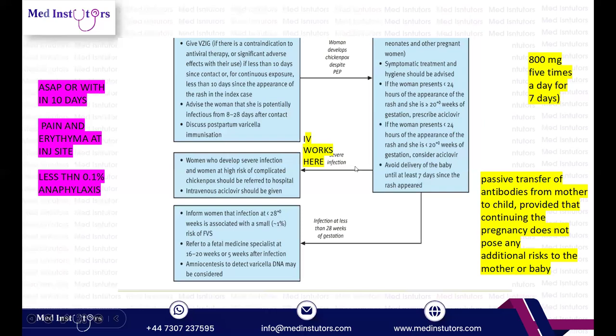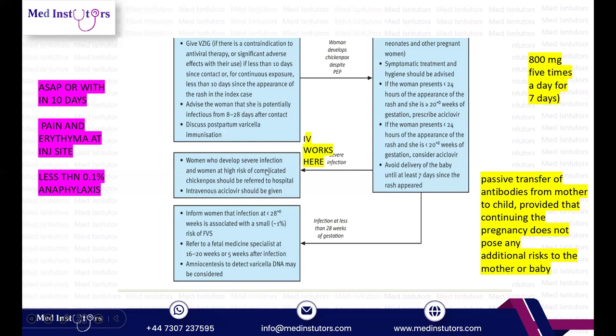You can see this arrow. Here we are talking about severe infection. When a severe infection occurs, the intravenous drug works, right? So a woman who develops severe infection, and what a severe infection is I'll tell you on the next few slides, and women who are at higher risk of complications of chickenpox should be referred to the hospital.